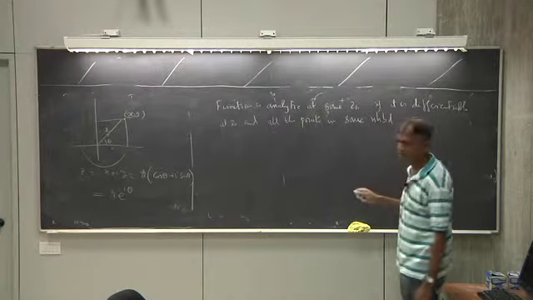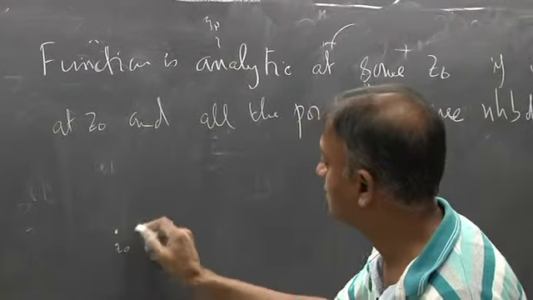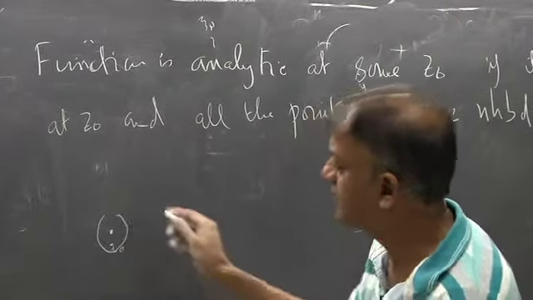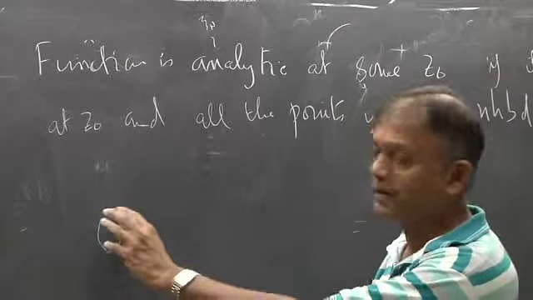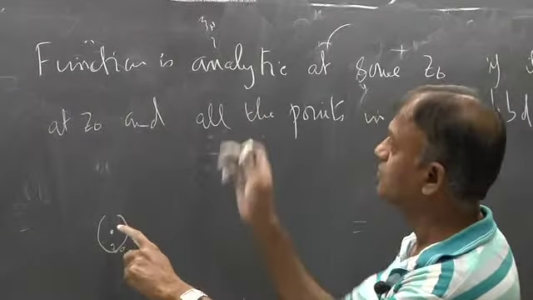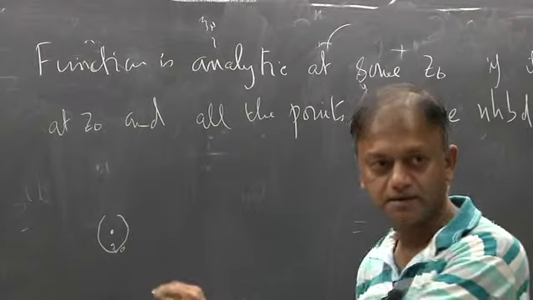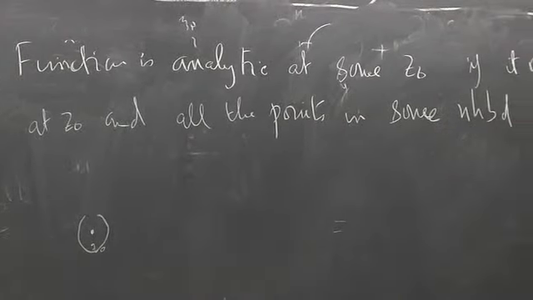NHBD will stand for neighborhood. The picture is like, if this is the point z naught, then there is some neighborhood, could be very, very small, doesn't matter, but some open set which contains that point. So what we are saying is that a function is analytic here if it is differentiable everywhere inside this small neighborhood.